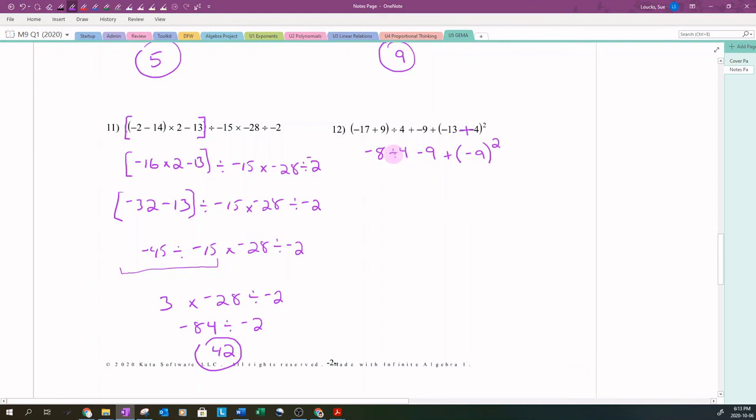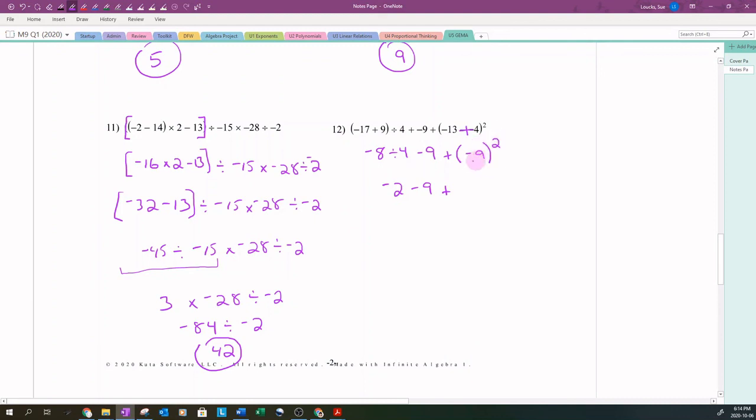All right, next line. I know that I've got this exponent to deal with, but also, because there's a minus and a plus here, this division is separated, so I can do it in the same step. So negative 8 divided by 4 is negative 2 minus 9 plus this negative 9 squared.